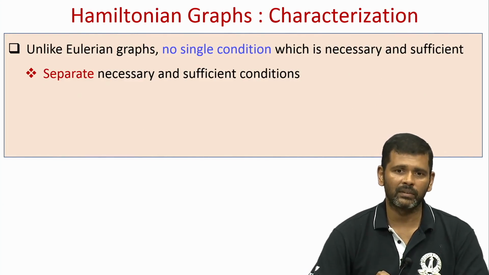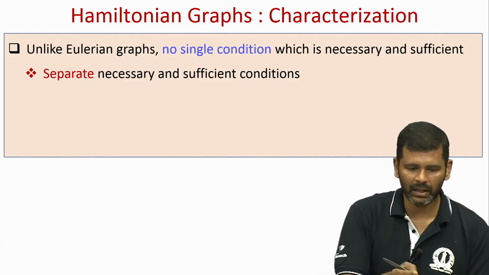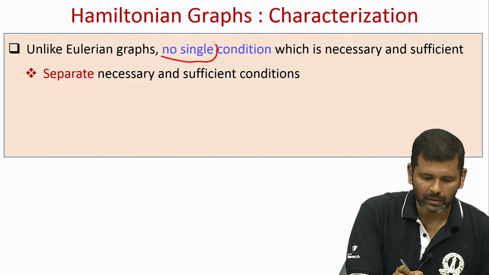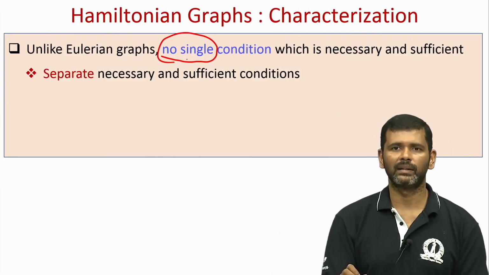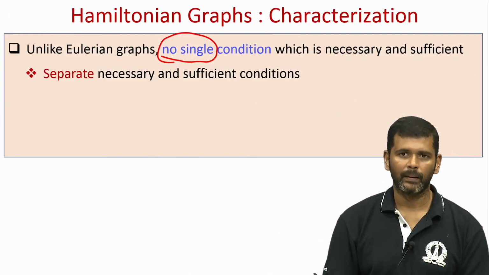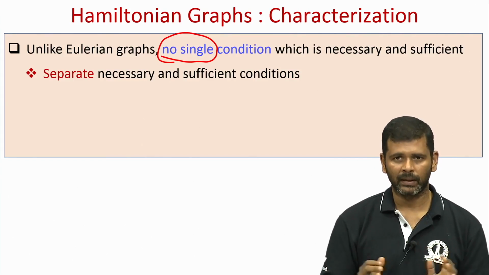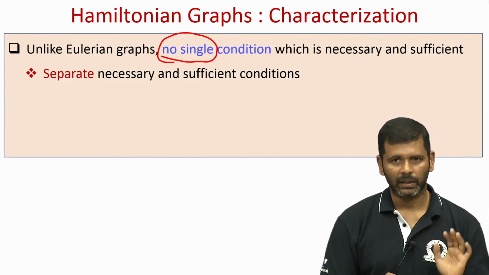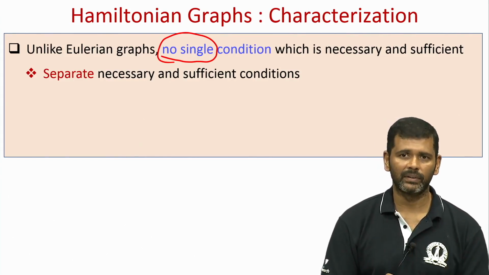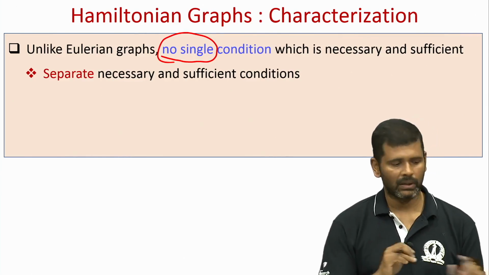But that is not the case for Hamiltonian graphs. We do not have a single condition which is simultaneously necessary and sufficient, and we have separate conditions which are either necessary but not sufficient or sufficient but not necessary.